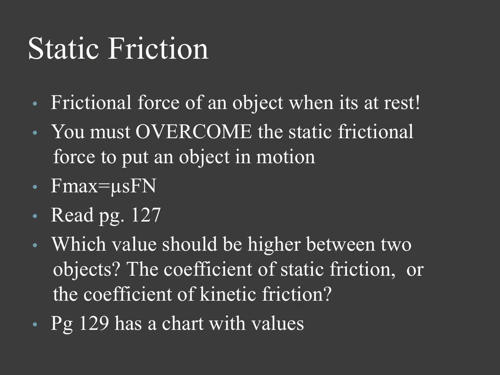The other category of friction is called static friction. You have to overcome static friction in order to get an object into motion. It has the same frictional equation as the other one, but it says force of friction maximum.